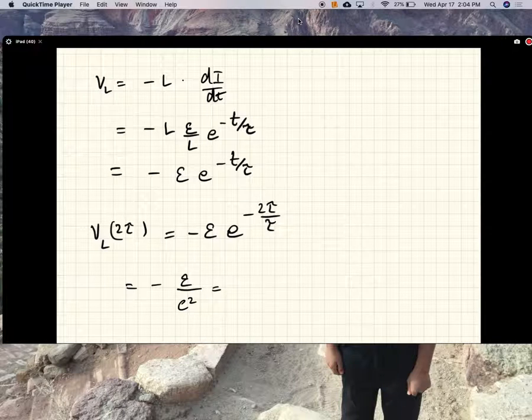And that is equal to minus 12 volts divided by e squared.